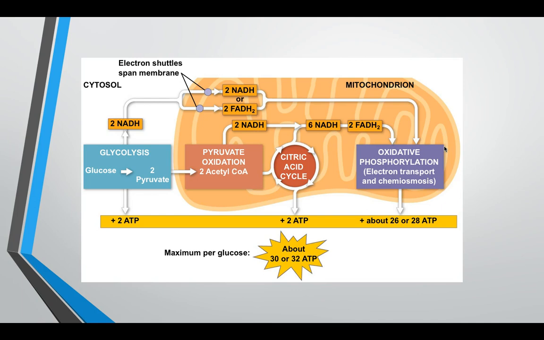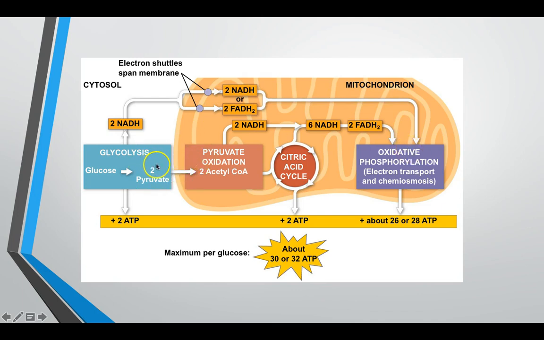Here is an overview of glycolysis, pyruvate oxidation, the citric acid cycle, and oxidative phosphorylation. So essentially what you have is, in glycolysis, glucose is going to be split into two pyruvate molecules in the cytosol. That process generates a net of 2 ATP and 2 NADH molecules. Those NADH molecules will head towards the oxidative phosphorylation stage.